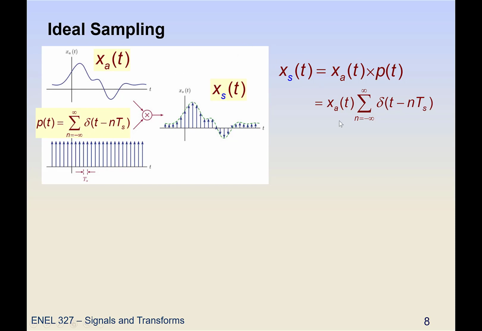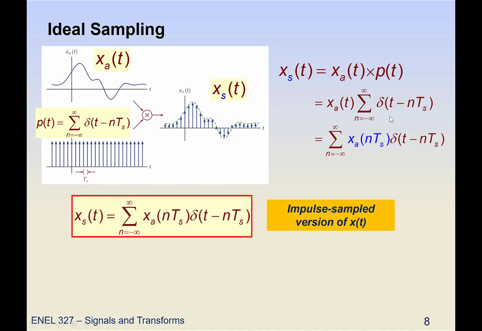But nevertheless, this represents the sampled signal, and it just picks up the amplitudes of the original signal at those sample times. So that is our mathematical way of expressing the impulse sampled version of x of t, or the ideally sampled version of x of t.